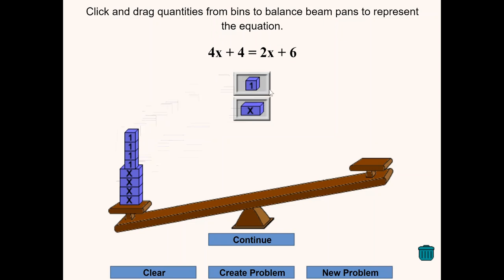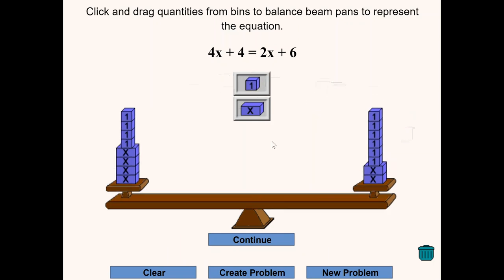And on the right side, I have 2x plus 6, so I'm going to add 2 x's and 6 ones. Then now it is balanced.